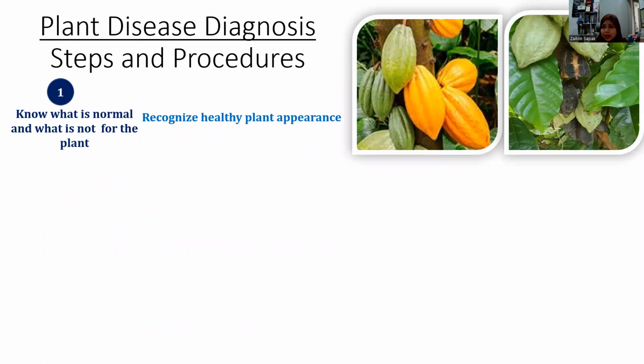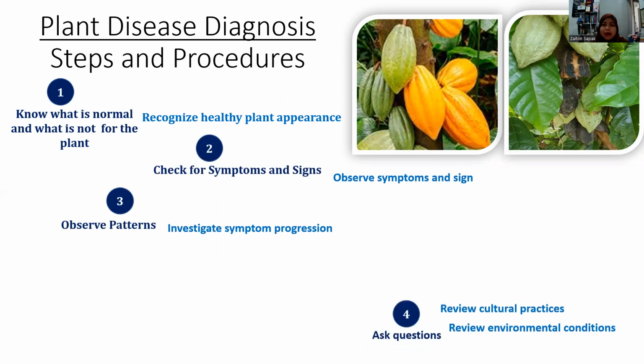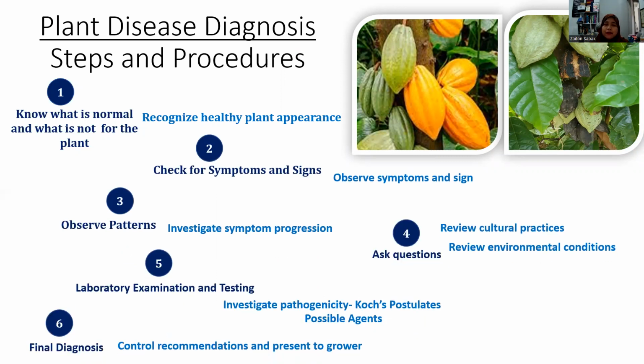Basically, there are a few steps and procedures proposed by researchers to conduct a proper diagnosis. For this, we have about 6 steps. First, we need to know what is normal and what is not normal for the plants. So recognize the healthy appearance of the plants, and if the plant is showing abnormality, we have to check for the symptoms and the signs of the pathogens, if available.